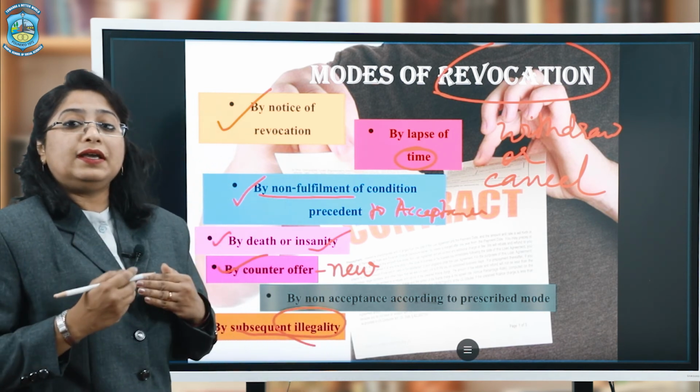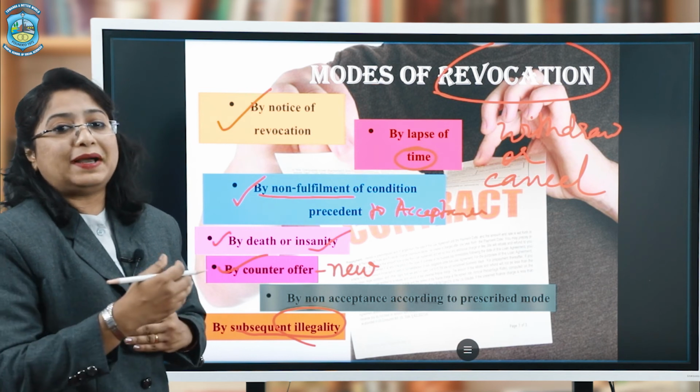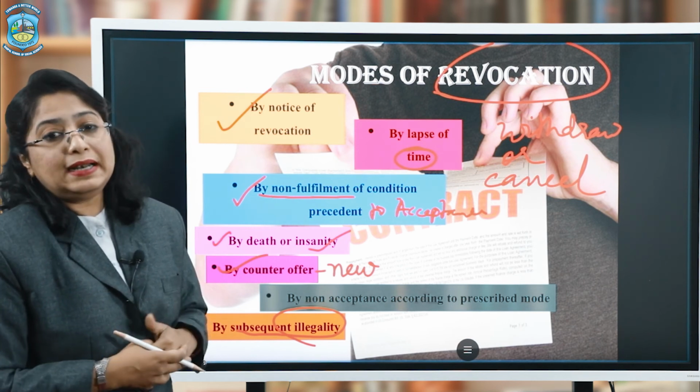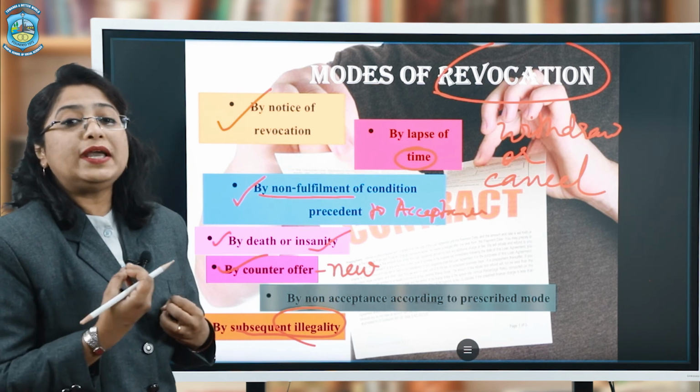That is, the offer put forth by the offerer may become illegal by the ruling of the law.